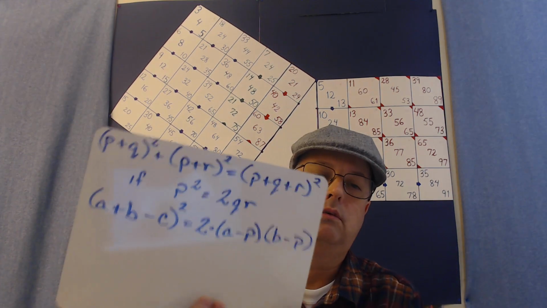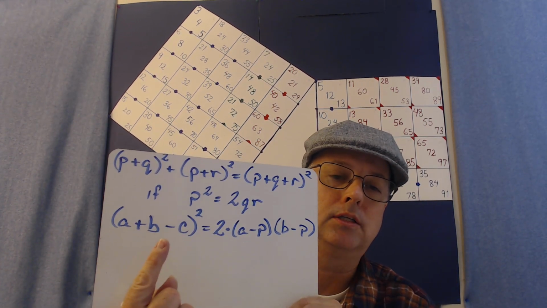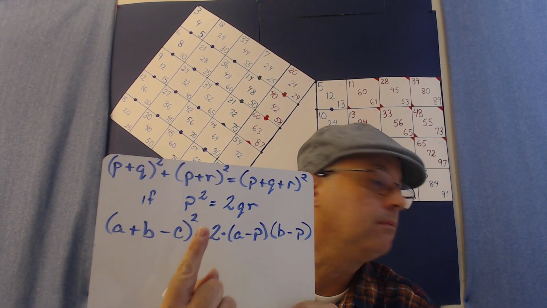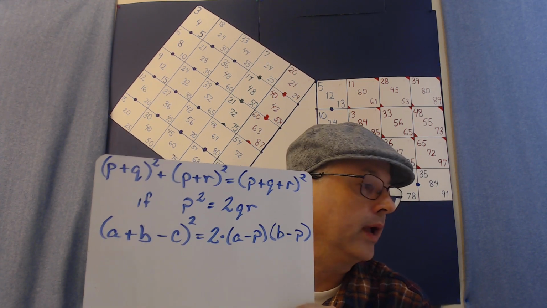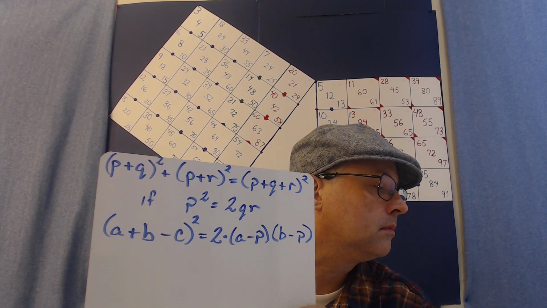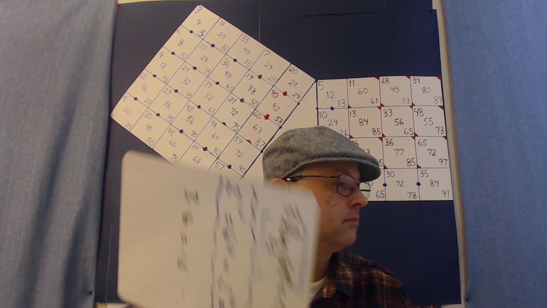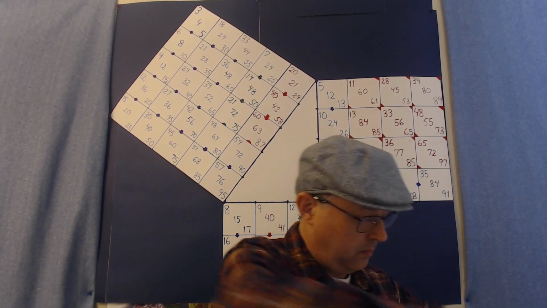All right, now we're going to multiply this out. A plus B minus C squared. Okay, let me make a correction on my notes here. Okay, there we go.